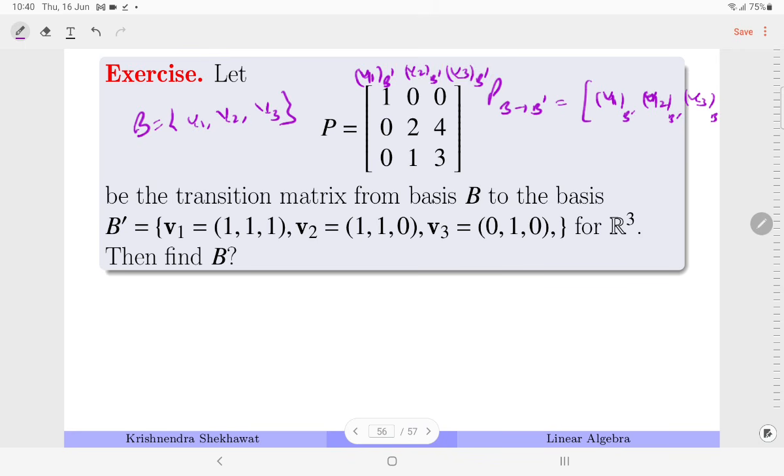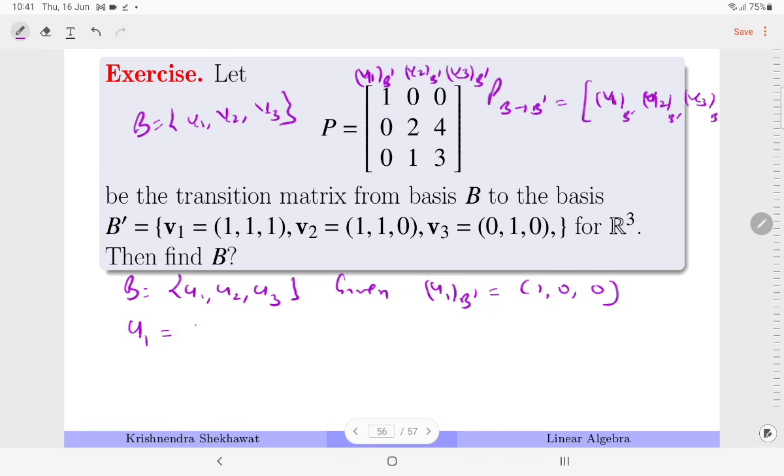It says: let P be the transition matrix from B to B dash, where B dash is defined as follows. Then find B. What is given, I need to find B, which must be U1, U2, U3, and given is U1 B dash, which is 1, 0, 0. It means the coordinates of U1 with respect to B dash are given. Since coordinates and basis vectors are given, I can compute U1.